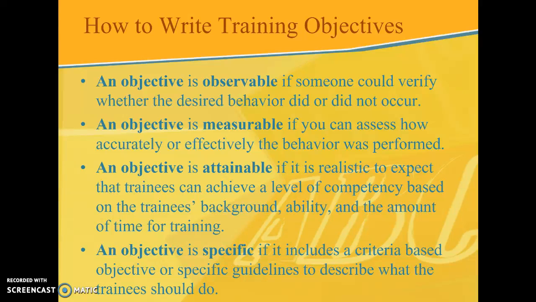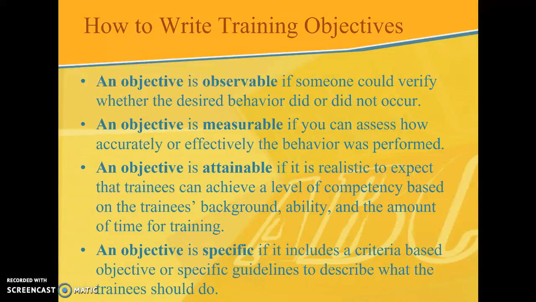When we're working on training objectives, there are 4 things. The first is an objective must be observable, something that we could see. You could verify that the desired behavior did or did not occur. The second is the objective measurable, meaning can we assess how accurately or effectively that behavior was performed?